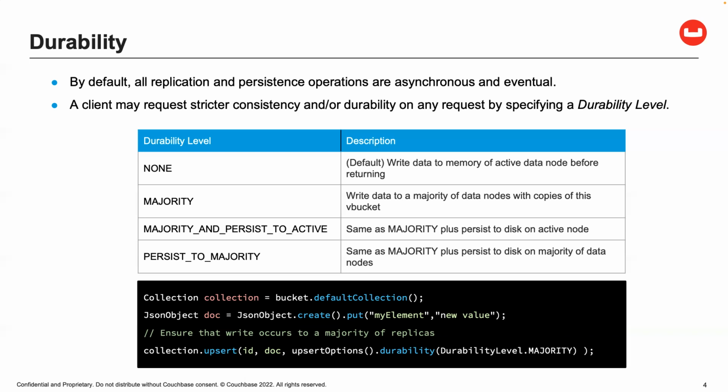Persist to majority is the highest level, and this mutation must be replicated to a majority of the data service nodes, and additionally, it must also be persisted, that is written and synchronized to disk, on the majority of data service nodes. So if you had 3, that would be 2. And once again, that is supported on Couchbase buckets only.